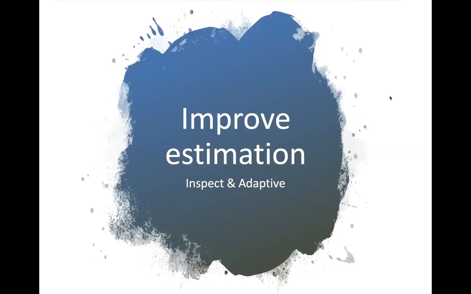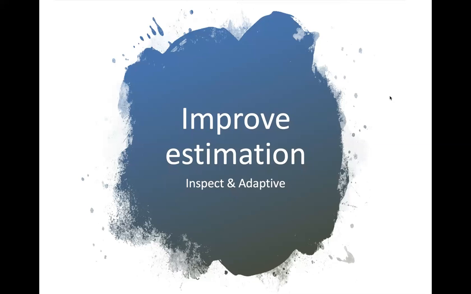So again, as I told you, there is always room for improvement in the estimations. We can improve our estimations with the help of inspect and adapt. Whenever we are doing a grooming meeting, we should always look at our backlogs, like previous sprint user stories, and learn how we did the past estimations and how we came up with some wrong estimations.